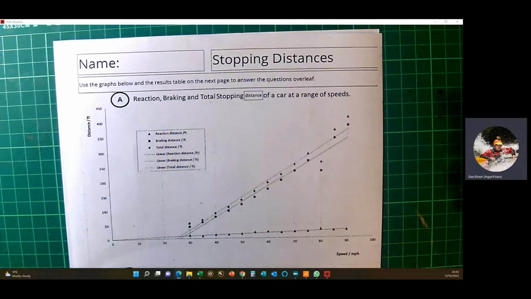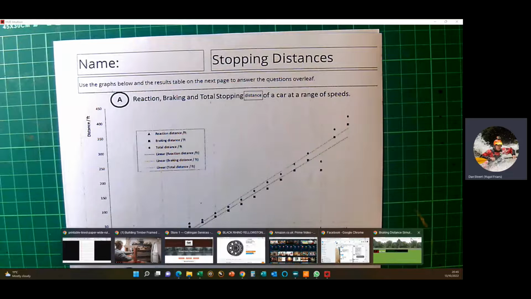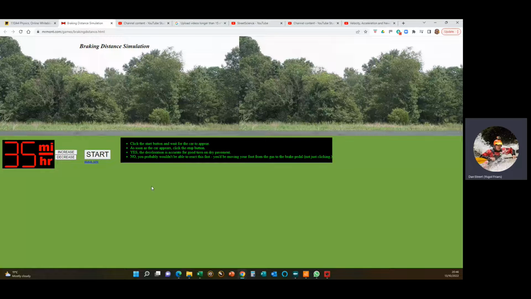Okay, so this is the stopping distance task, which was based on the visit to the computer room where we use this simulator to create some data all about stopping distances. You might recall that in order to use the simulator, I asked you to decrease the speed down to 25 miles an hour.